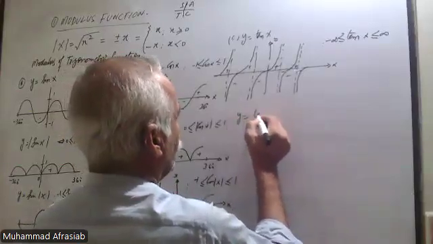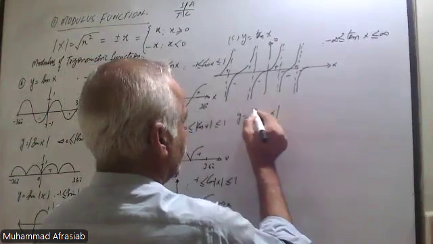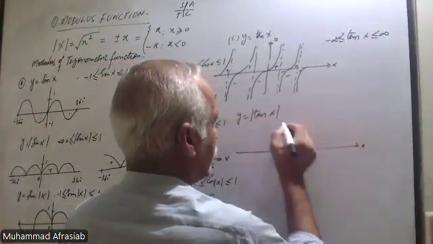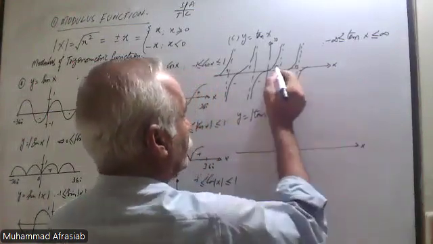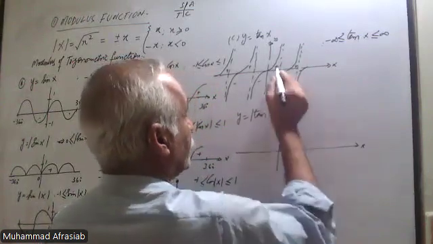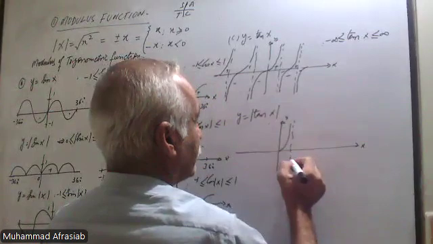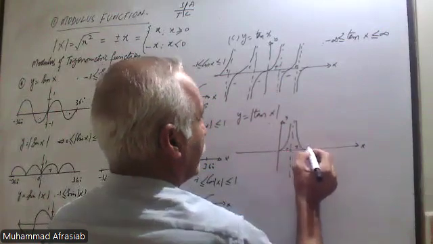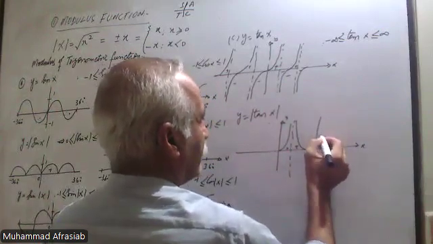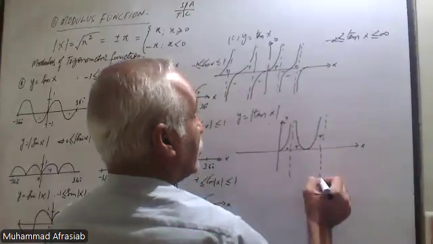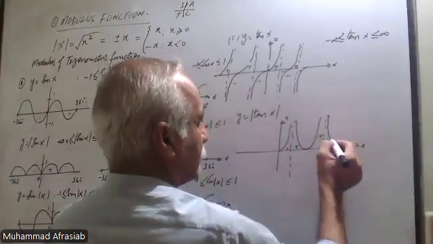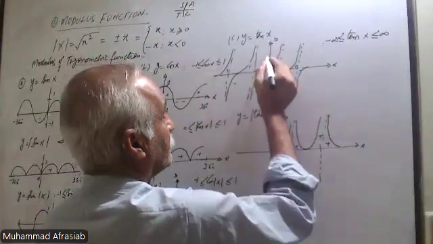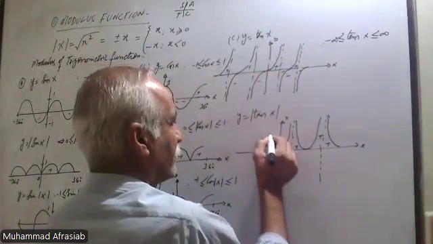Now, y equals tan of x whole modulus. Because we are taking the modulus of this graph, all negative values will become positive. This part is already positive. This is negative, so it will become positive. Then it is already positive in the third, and in the fourth it is negative, so it will become positive. For this graph, it is negative, so it will become positive.